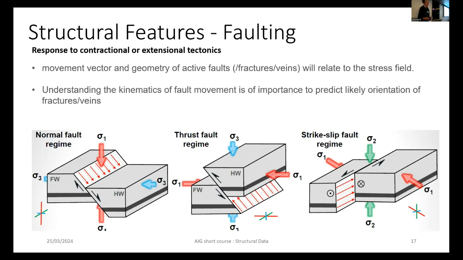And these things are important because once you know the sigma 1 direction, the main compressive stress, if you take a book of paper and you push in that direction, it'll open up like this, right? The leaves are going to open up like that, which means your veins are going to be oriented parallel to the sigma 1 direction in a lot of cases. Again, this is grossly simplified, but in general terms, once you know the sigma 1, you should be able to make an educated guess of the orientation of your vein systems.